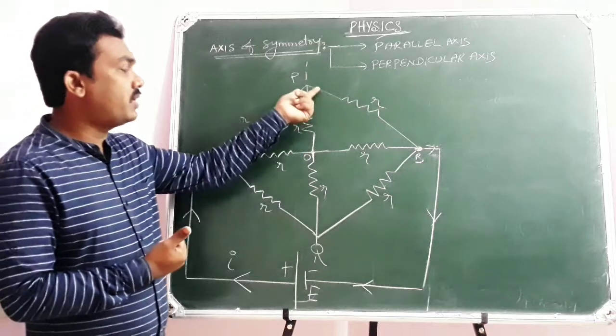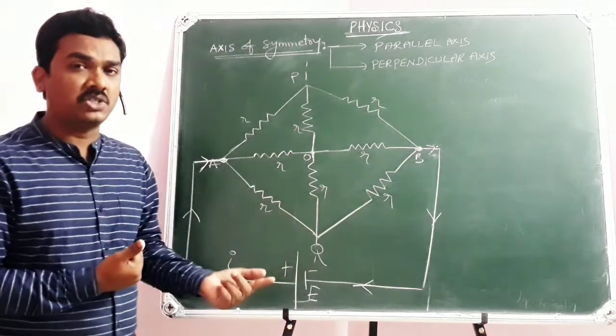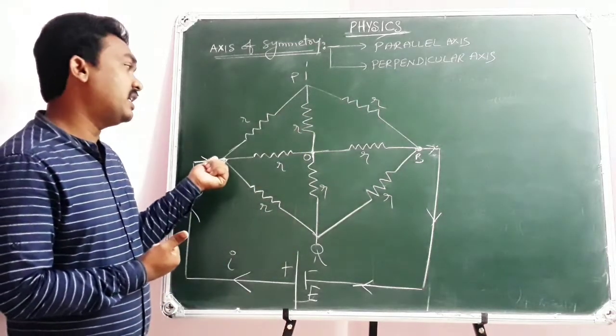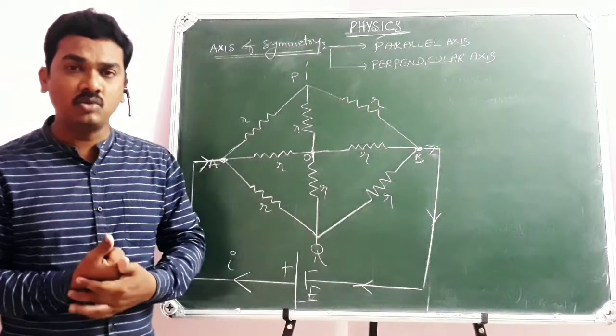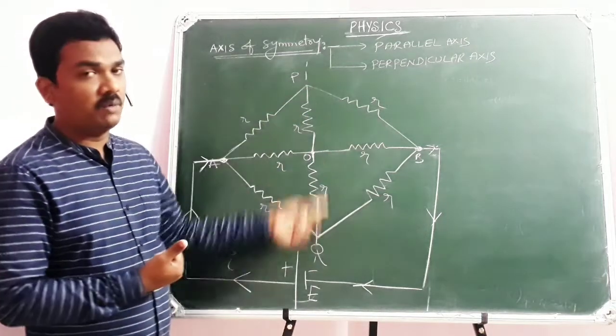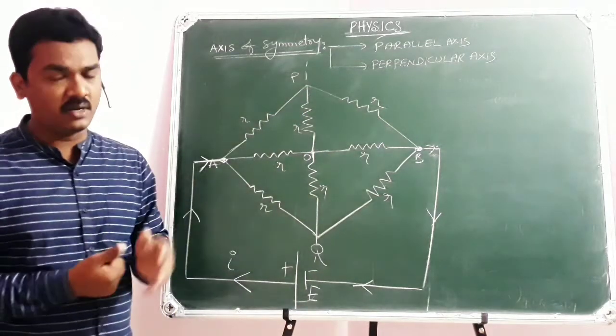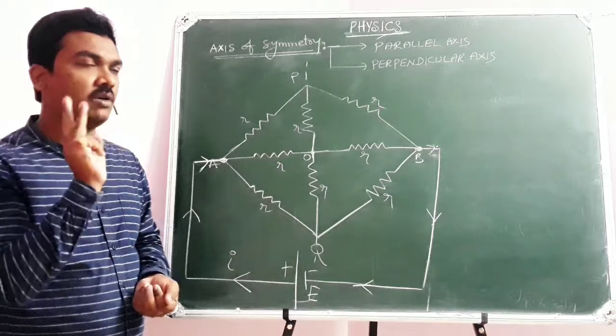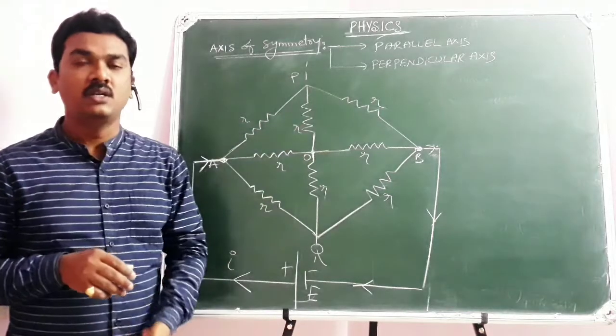If the axis of symmetry is perpendicular to the direction where the current is entering or leaving the electric circuit, then such one is called perpendicular axis of symmetry. So 3 statements you have got, definitions for all the 3.